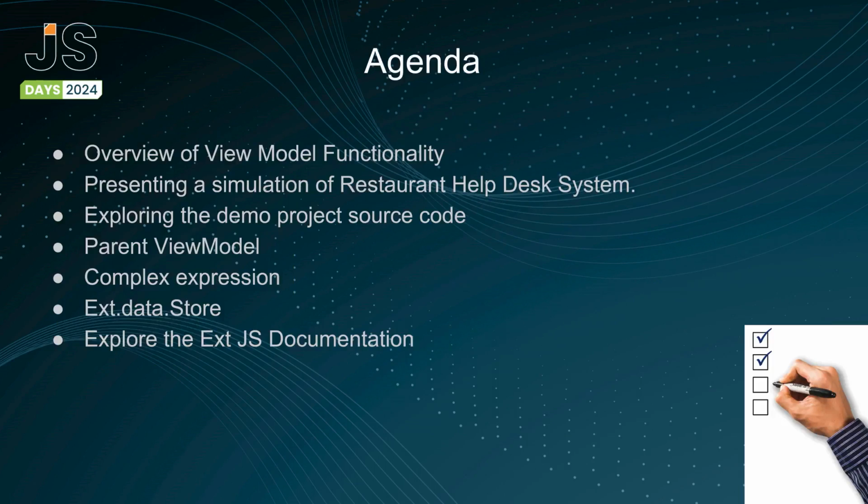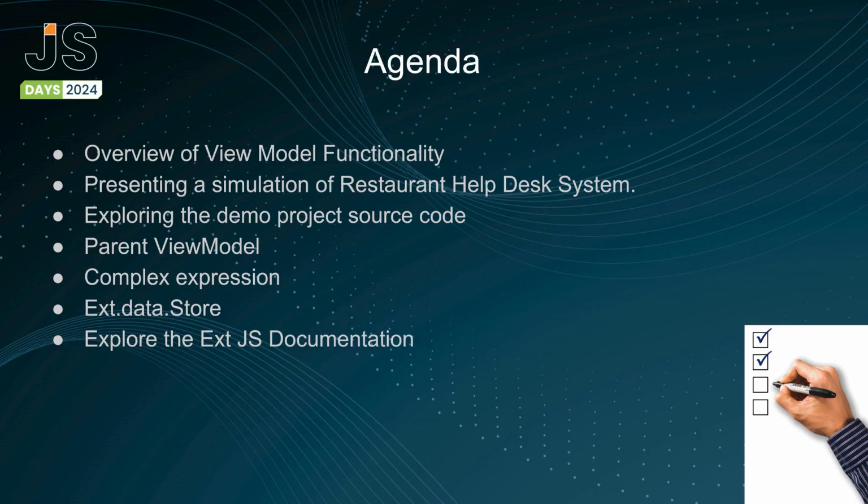Today, I will be talking to you about ViewModel and its base functionality. I will show a restaurant help desk system that I've created for demonstration purposes of this presentation. We'll explore the source code and I will show you how we can make a parent view model structure in an efficient way, how we can avoid complex expressions and make our code look cleaner and maintainable.